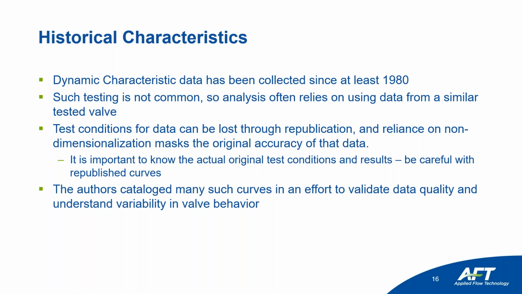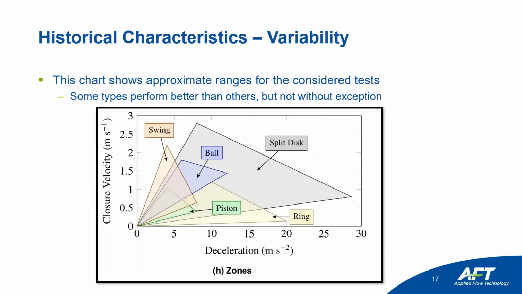So a big goal of ours with this paper was to go through and categorize a lot of this data. There's a lot of charts in the paper, a lot of data that we crunched, but this is kind of the summary chart saying for different types of valves that we found in the literature, what kind of range can you expect for them on a dimensional kind of dynamic characteristic chart. So you can see here that some types behave maybe a little better than others.